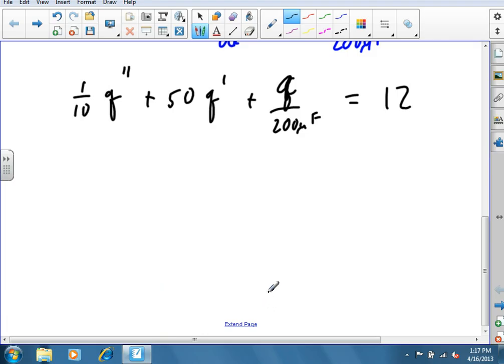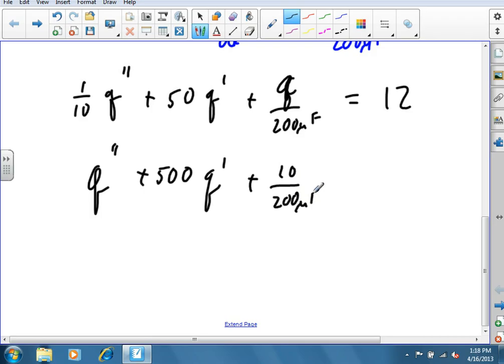Well, I'm going to multiply by 10 and get Q double prime plus 500 Q prime plus 10 over 200 microfarads Q is equal to 120. Now I'm going to take out my calculator and find out what 10 divided by 200 microfarads is. Why am I in binary?